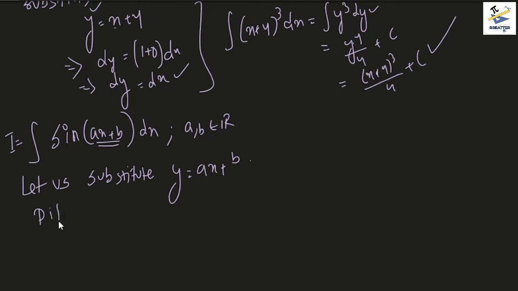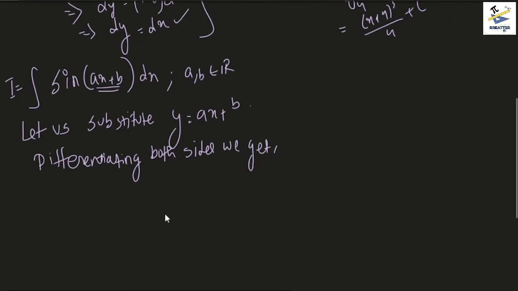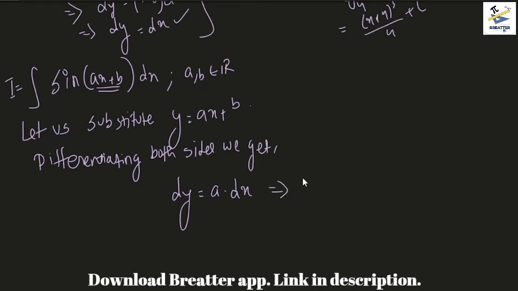So differentiating both sides, we get dy is equal to a into dx, because the constant b would disappear, and a into x's differentiation is just a, and we have an extra dx always, as I told you. So dy would be a dx, or in other words, dx should be equal to dy by a.